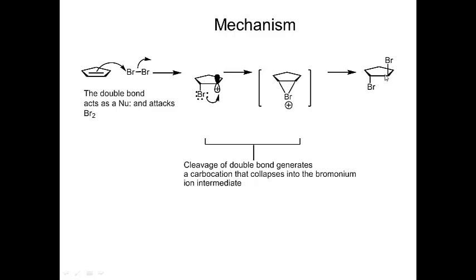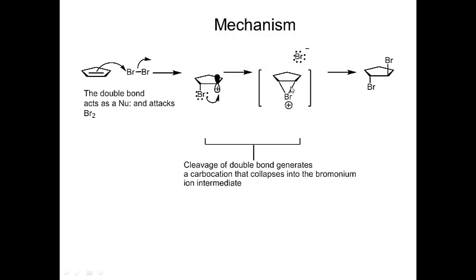And before we go from here to the product, this happens really fast. Once this double bond breaks, the formation of this bromonium ion intermediate is basically instantaneous. So now, if you recall, we lost a bromine over here. That bromine comes in, and now it can attack here. This is the hallmark of this reaction. The second bromine that comes in has to come from the opposite side of where the first bromine already is.